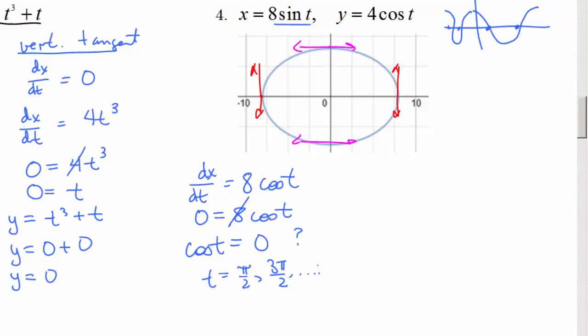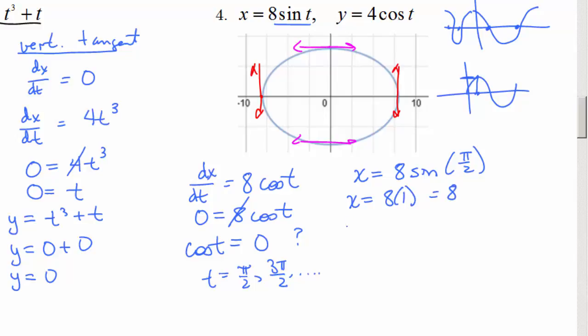So let's find the points when t is pi over 2 and 3 pi over 2. That means x equals 8 times the sine of pi over 2. Well, what is the sine of pi over 2? Again, you could look at your graph, and the sine of pi over 2 is 1.